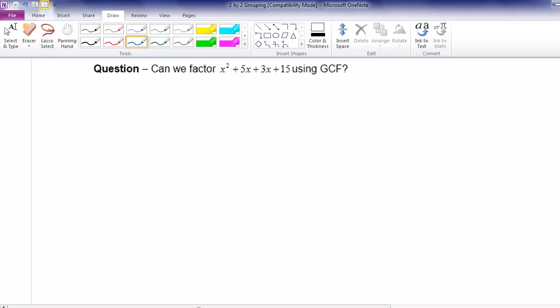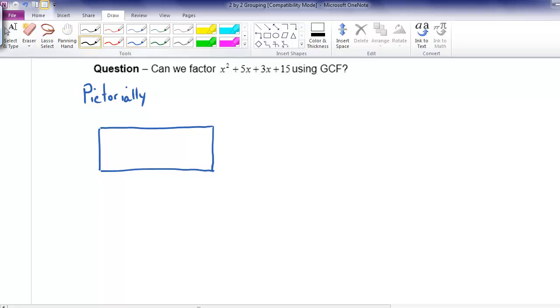So here's a question. Can we factor this polynomial using a greatest common factor? If we could, well, we could do it pictorially, and what I hope you recall from greatest common factor is the rectangle always looked like this. It didn't look like the 4 square thing above. It looked like this.